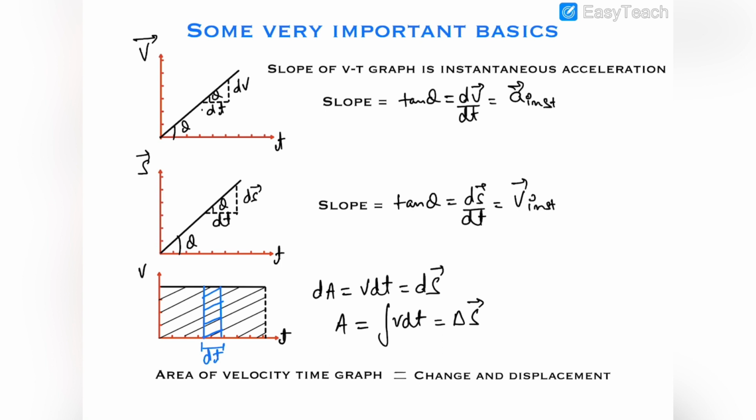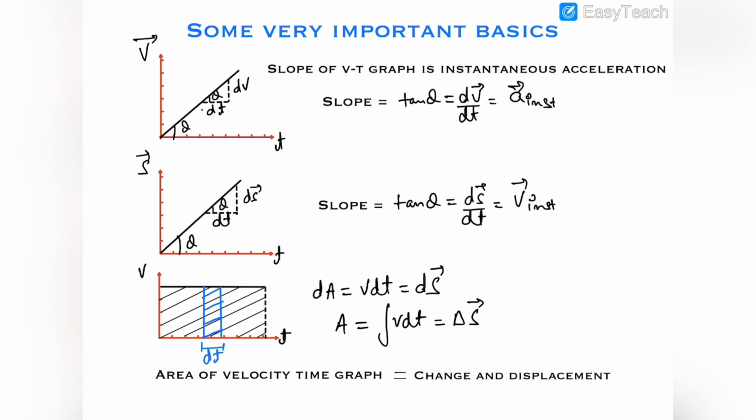Now let us talk about the area. So this is a VT graph, and this is a constant VT graph. This black line denotes the VT graph, which is a positive constant, and this is the area. So I have considered a small element like that, and I need to find the area of VT graph bounded with the time axis.